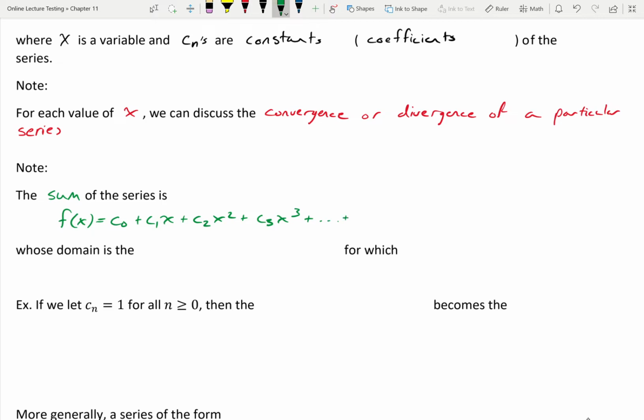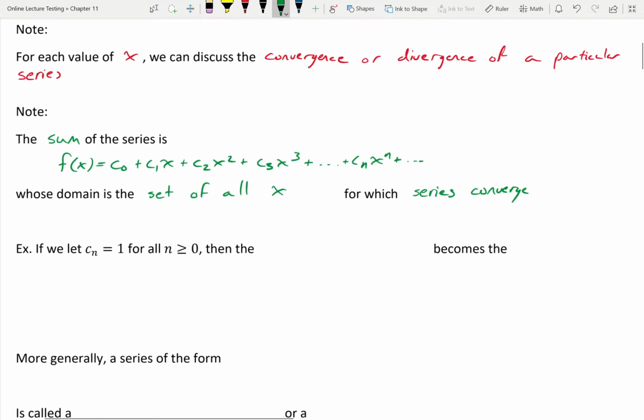And here, just to show that it's continuing on out to infinity, I'm going to say c sub n x to the n and so forth, whose domain is the set of all x for which the series converges. Again, because it doesn't make sense to talk about the sum of a series if we have a divergent series. So this is only talking about where this is going to converge.